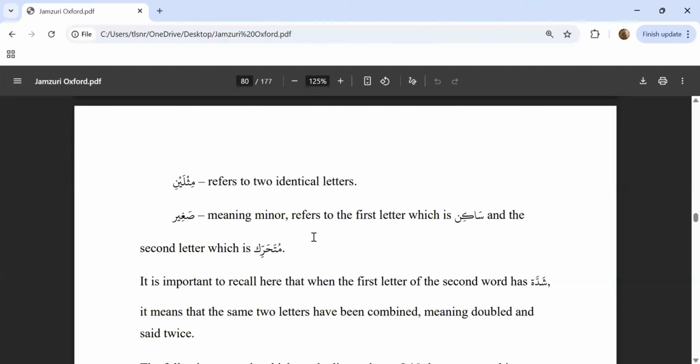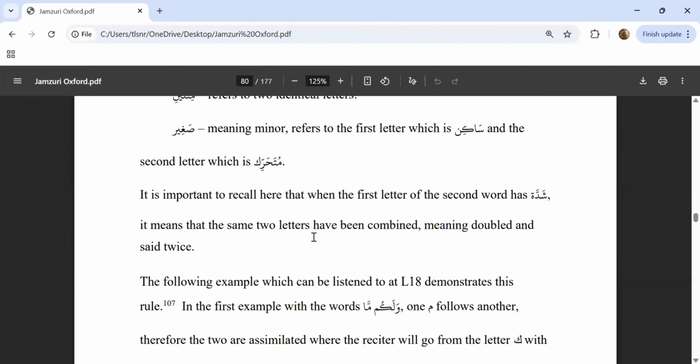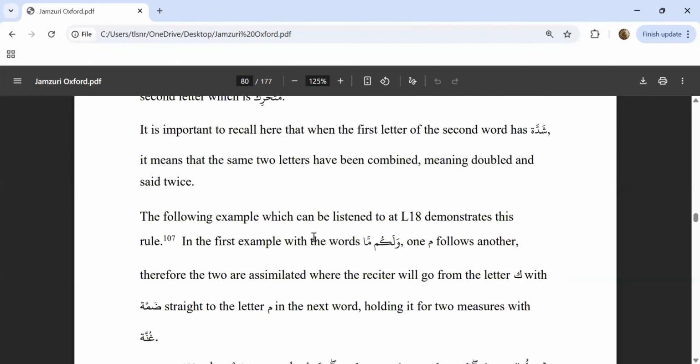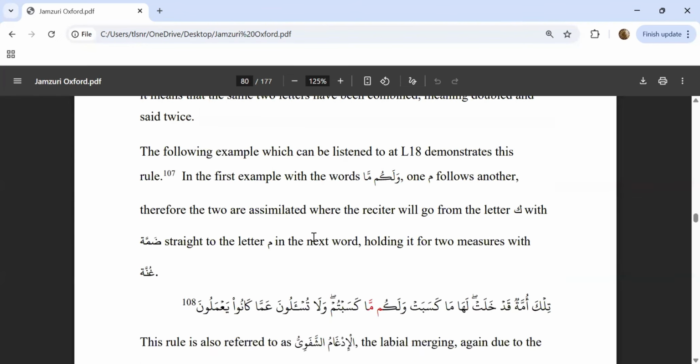It refers to the first letter, which is sakin, and the second letter, which is mutaharrik. So I made a point here for the reader that it's important to recall that when the first letter of the second word has shadda, it means that the same two letters have been combined, or doubled, or said twice.